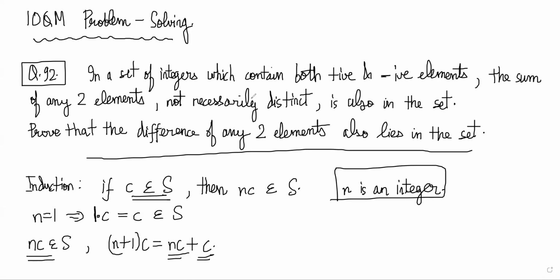And by the property, the sum of any two elements belongs to the set. Therefore, (n plus 1)C belongs to S. So that finishes off the induction. And therefore, we know now that if C belongs to the set, where C is an integer, any multiple of C also lies in the set, right?